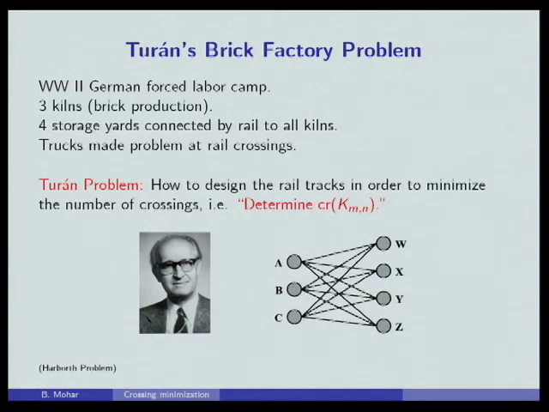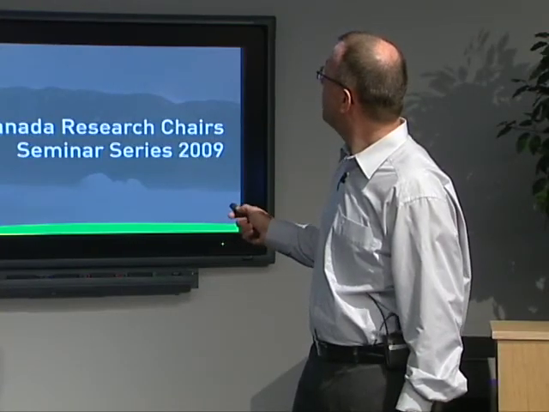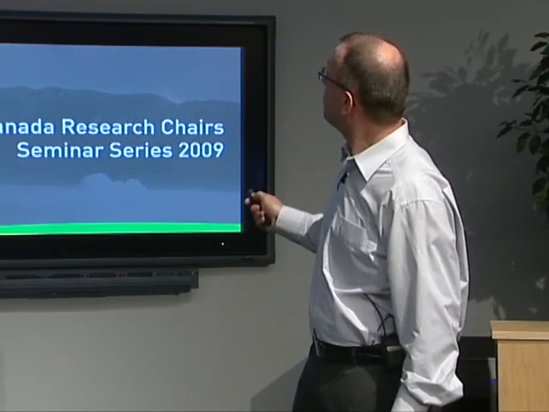And as you see, from kiln A, you want to have connectivity to each of these storage yards because you don't know which ones will be empty at the time you need. And when they were pushing these trolleys from site A to site Y, they had to cross some of the rails, like the one connecting B and W.